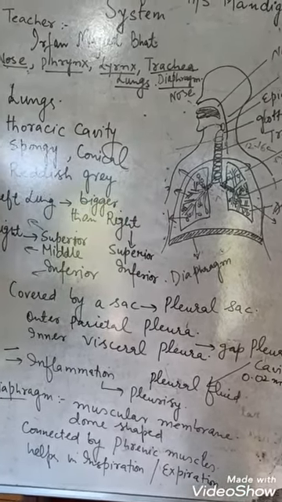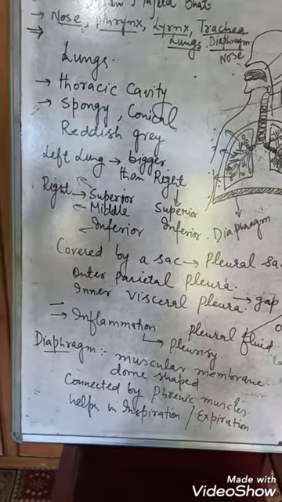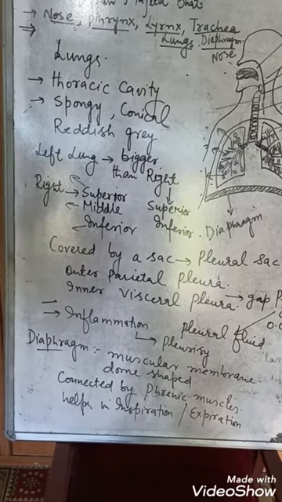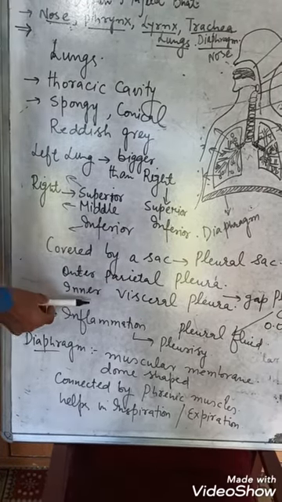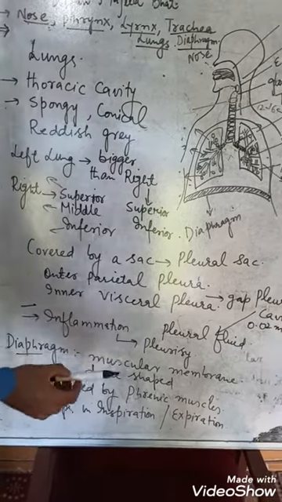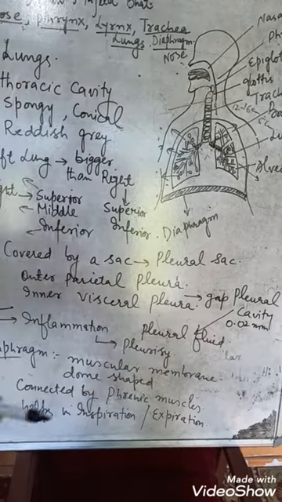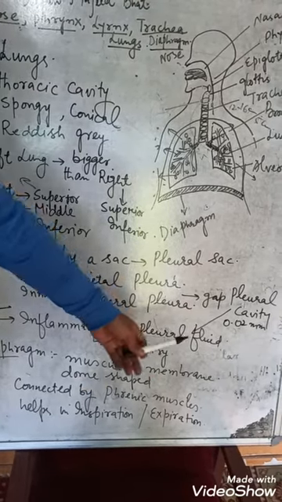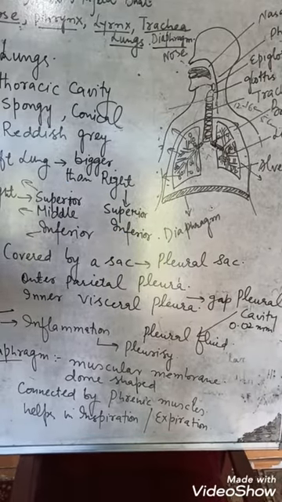Now these lungs are covered by a sac called a pleural sac. This pleural sac has an outer layer which is called the outer parietal pleura, and then an inner one that's called the inner visceral pleura. And there is a gap between the two which is called the pleural cavity. This pleural cavity contains a fluid which is called the pleural fluid. And this cavity is around 0.02 mm.